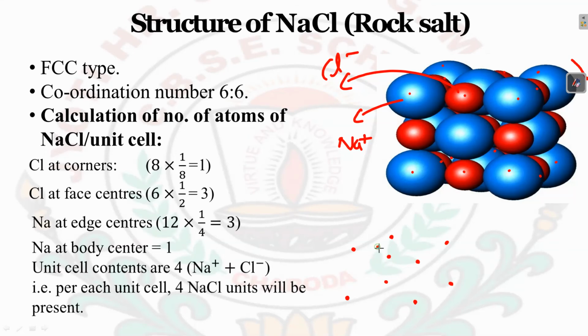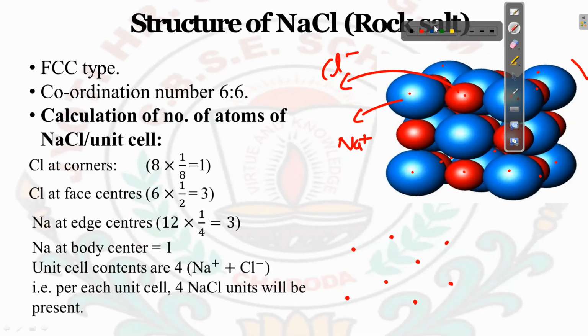Let me change the color here. 1, 2, 3, 4, and just below this 1, 2, 3, and 4, forming a cube.